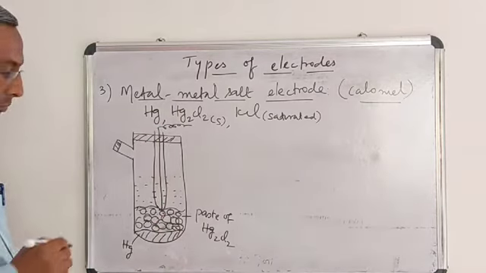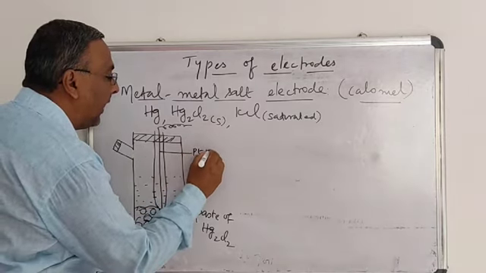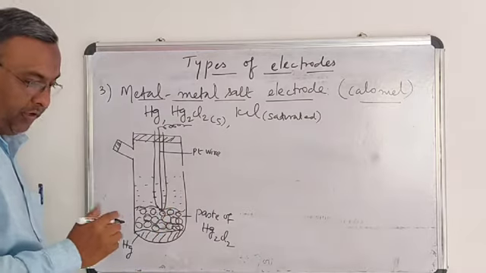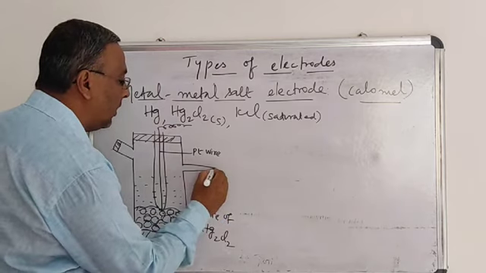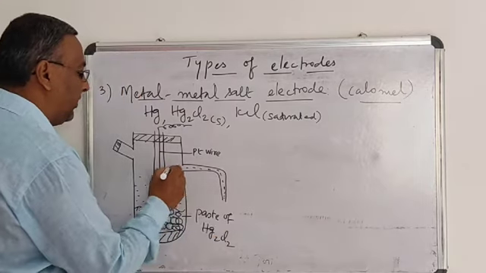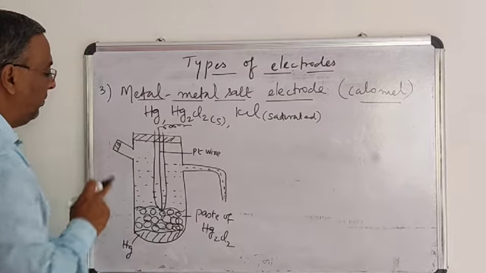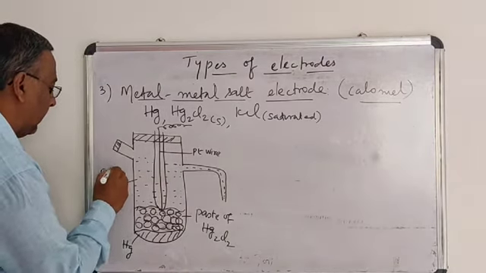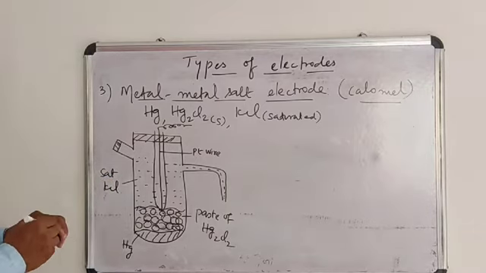This is a platinum wire, and we are using a jet tube here to connect with other electrodes. Here there is a side tube to add saturated potassium chloride solution.